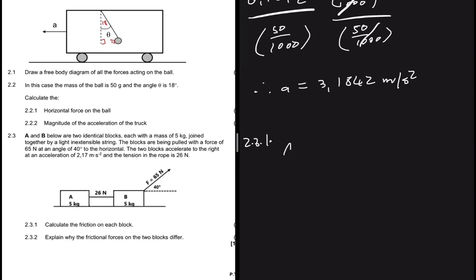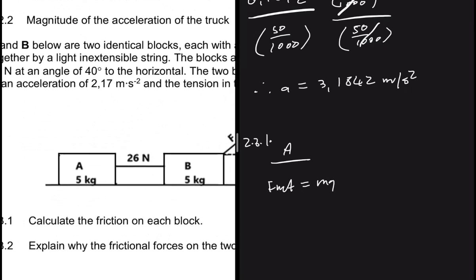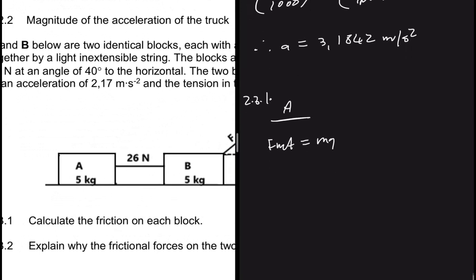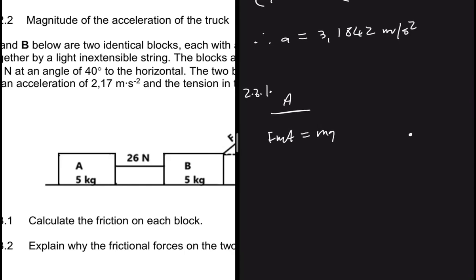Let's start with block A. Right, so we don't have the coefficient of friction, so we cannot use Fr is equal to the coefficient multiplied by the normal force. That is not going to work because we don't have the coefficient. What we can do instead is say that F net is equal to ma. So which forces are acting on block A?